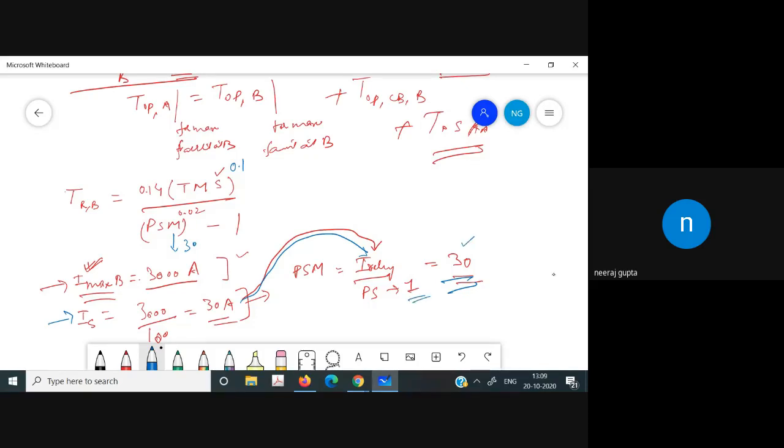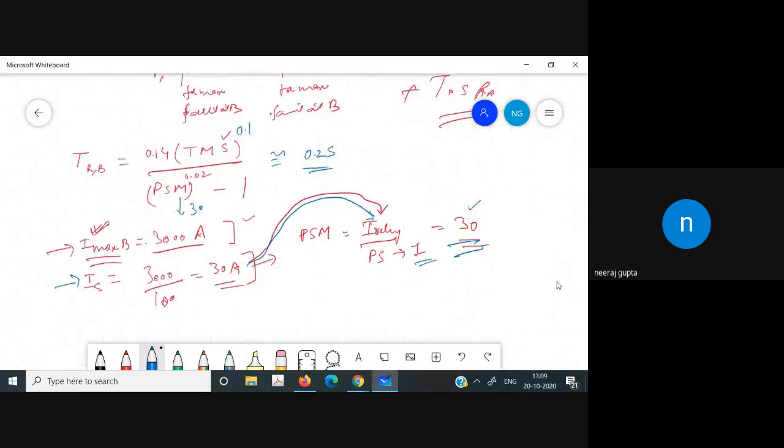So finally, the operating time of the relay RB is obtained by substituting these values, and its value is approximately 0.2 seconds. So we got the operating time of the relay RB.